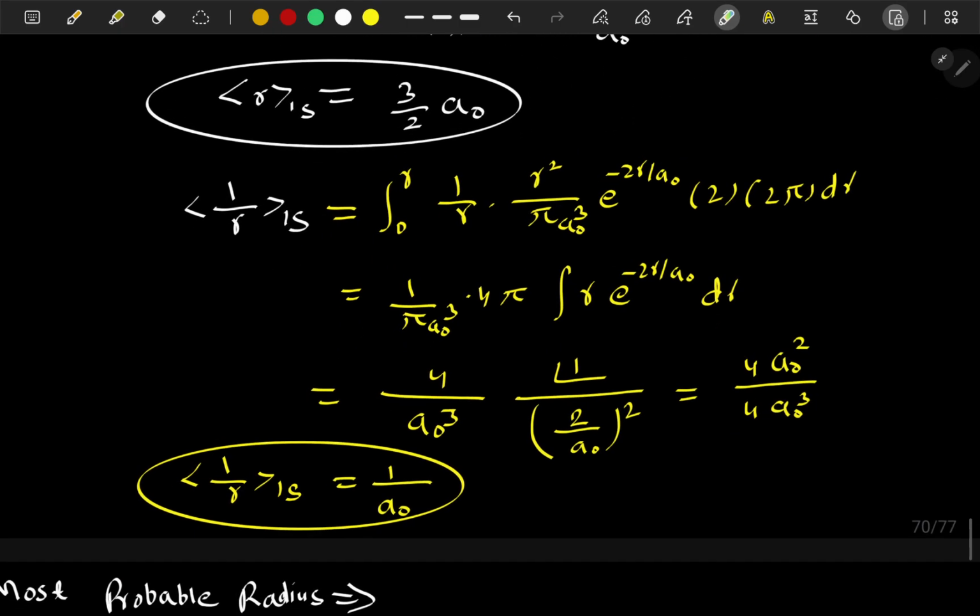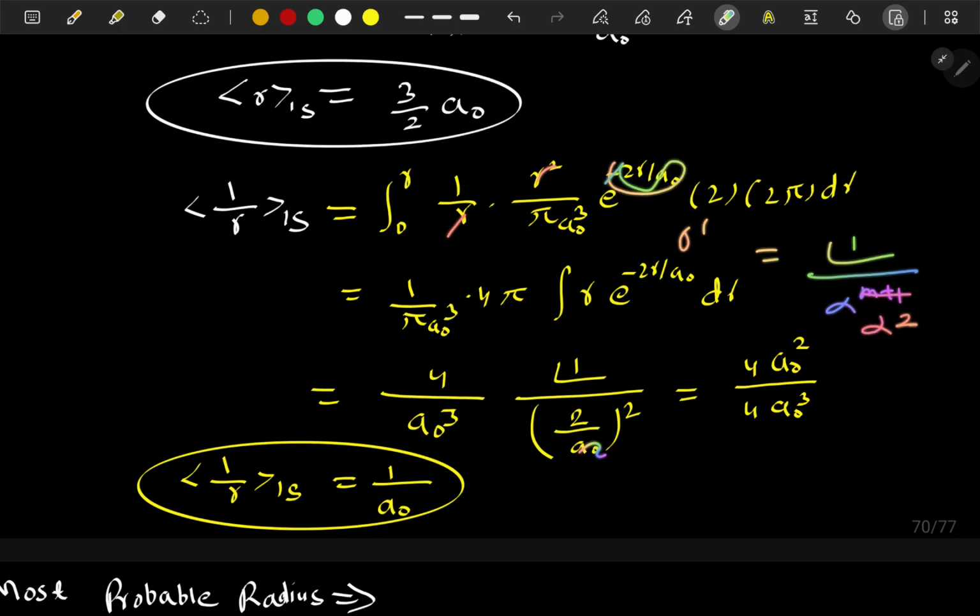Similarly for 1s, this will be ⟨1/r⟩, where ψ squared is 1 upon π a cubed e raised to minus 2r upon a naught, and dv is r squared sin θ dθ dφ. So I square this, the θ integral gives 2, the φ integral is 2π, and dr will be for this. Similarly, using the same formula, here we have only r to the power 1, so gamma divided by alpha raised to the power m plus 1, which is basically alpha raised to the power 2.